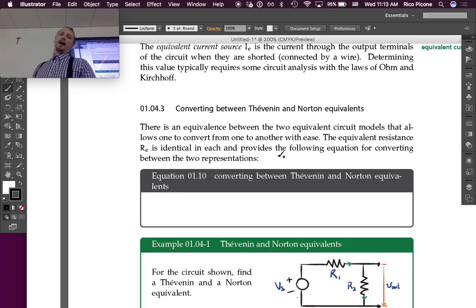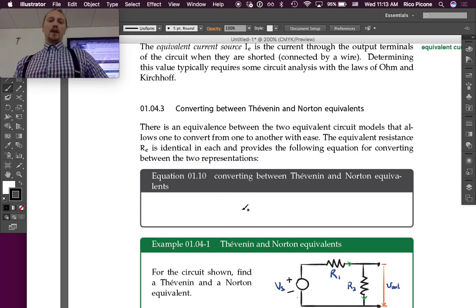So, conveniently, there is a way to convert between the two representations. The equivalent resistance is the same, like I said, but it also provides a bridge between Thevenin and Norton equivalents.